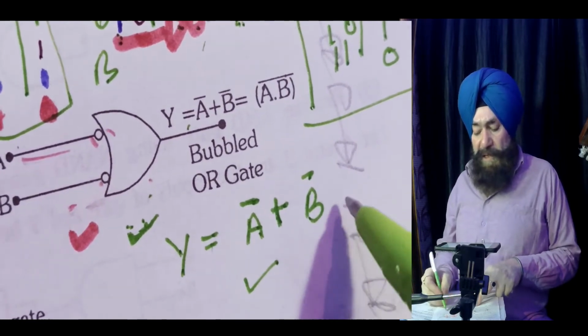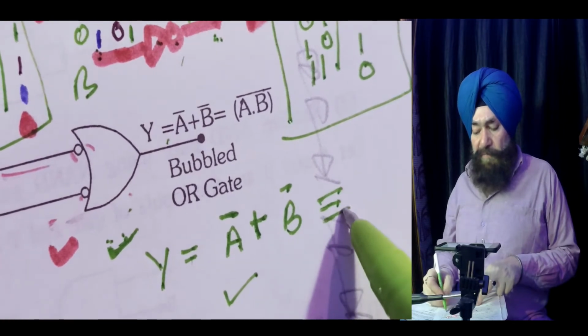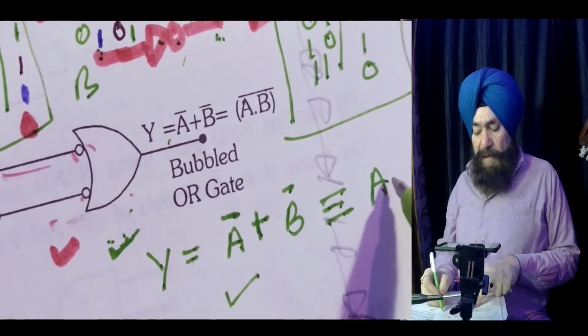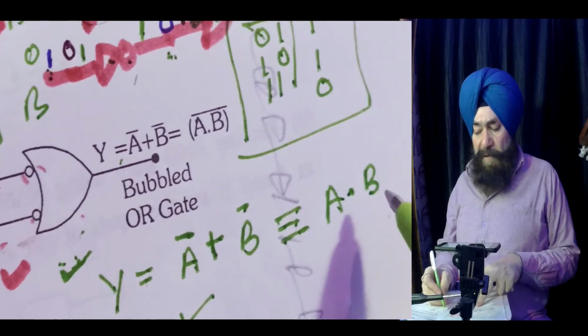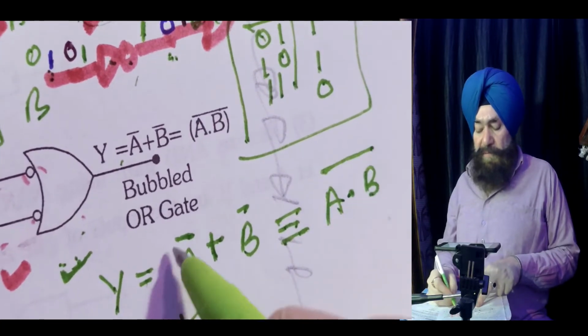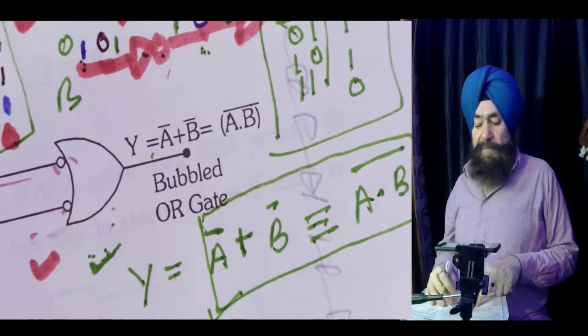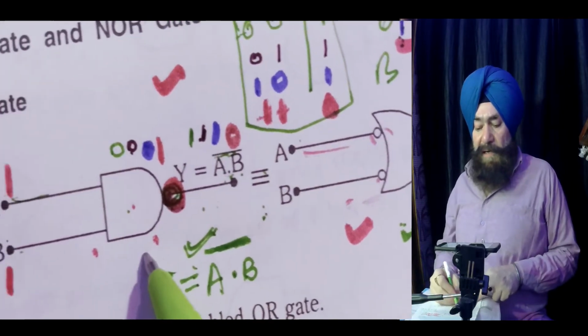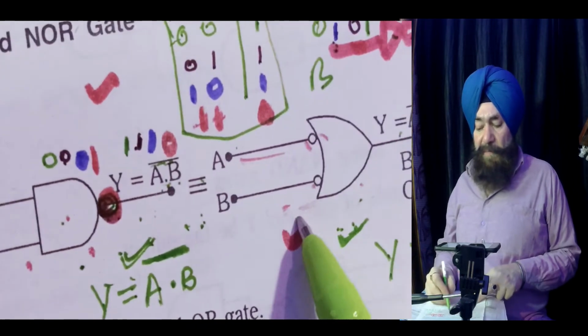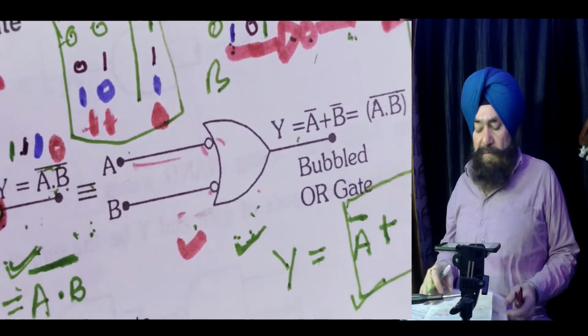This is equivalent to A and B NOT. Remember, very important identity: NAND gate is equivalent to bubbled OR gate.